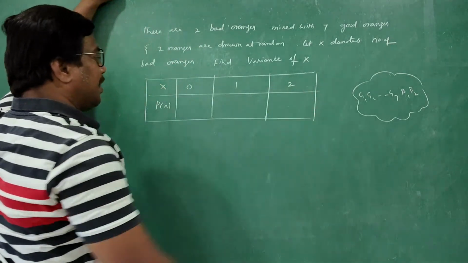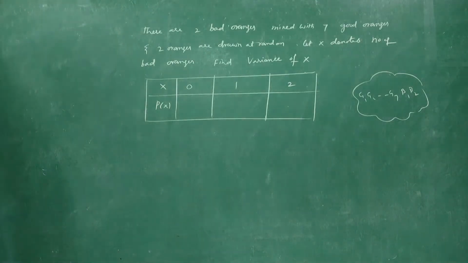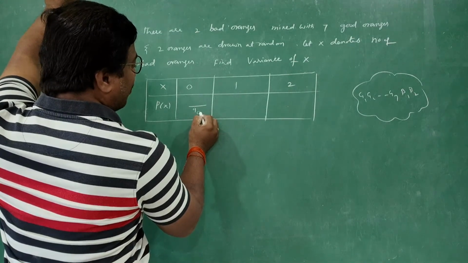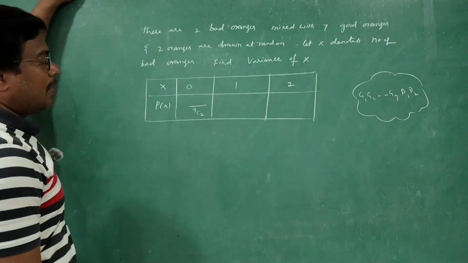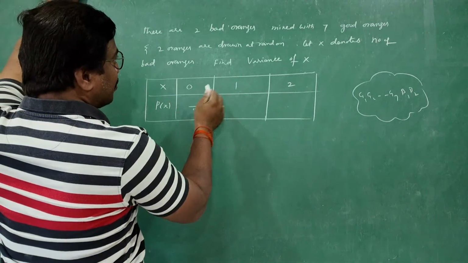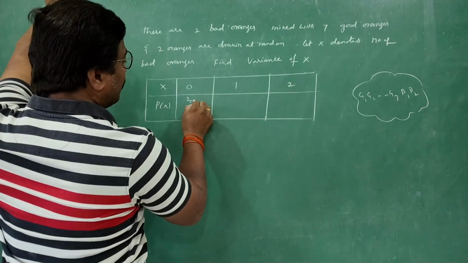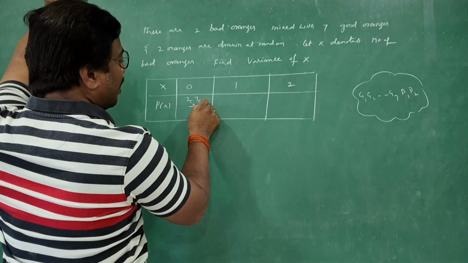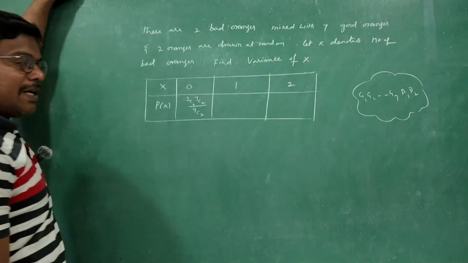So the chances here in the table, x0, x1, x2, and their probability you have to write. What is the probability? Here out of 9 we are going to select 2. Here 0 bad, so that from 2C0, remaining from good, 7C2 you will get.